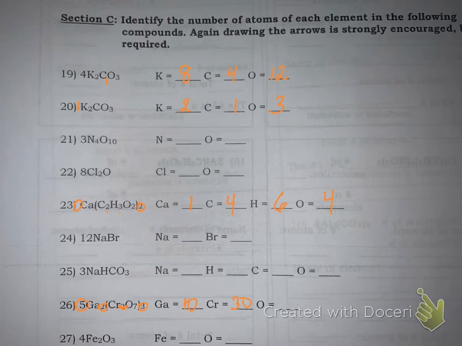Now, 7 times 3, when you're doing the oxygen, 7 times 3, and then multiply that times the 5. Which is 105.